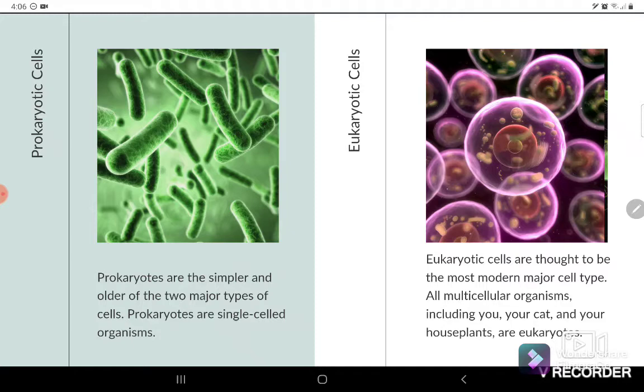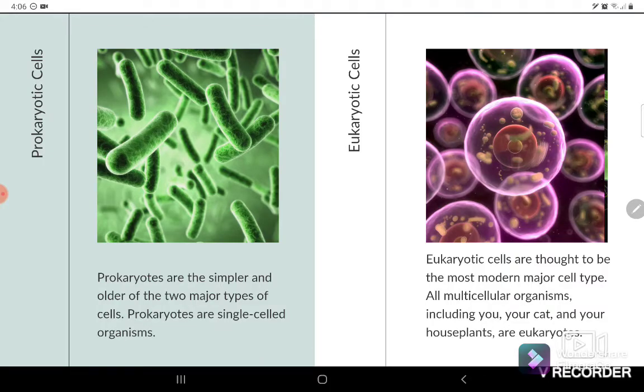So all multicellular organisms, including you, your cat, and your household plants, are eukaryotes because they all have a true nucleus. Okay? So the big distinguishing characteristic of these two types of cells is that prokaryotic cells do not have a true nucleus, while eukaryotic cells have a true nucleus.